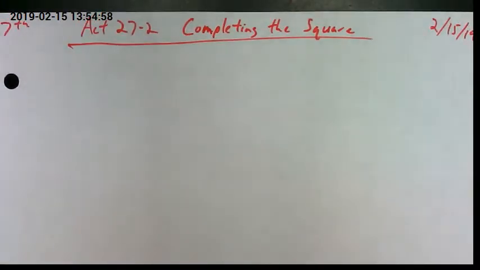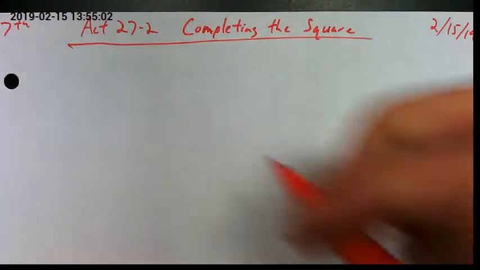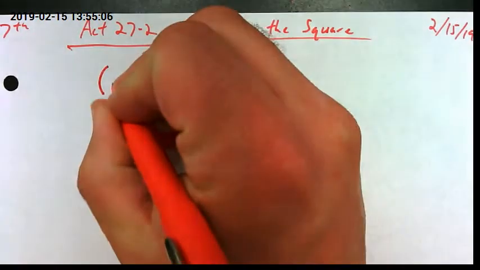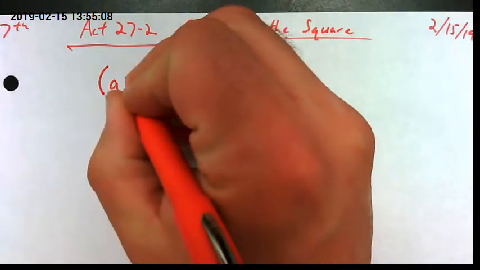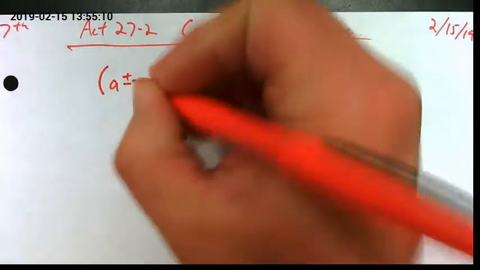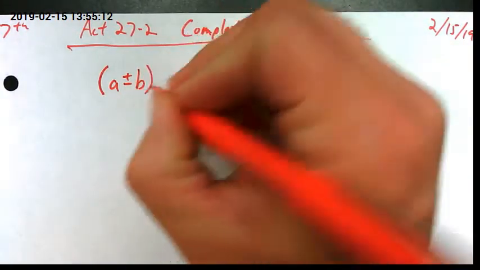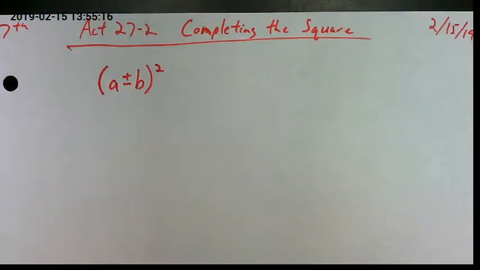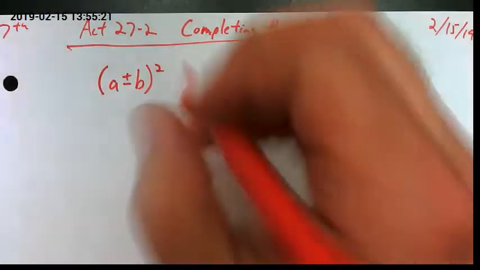So for completing the square, we need to talk about our perfect square trinomial. Again, our perfect square trinomial comes from squaring a binomial. So if I start off with just two letters, A and B, it doesn't matter if you're adding or subtracting them. So it's one or the other. If you square it, it'll give you a trinomial.